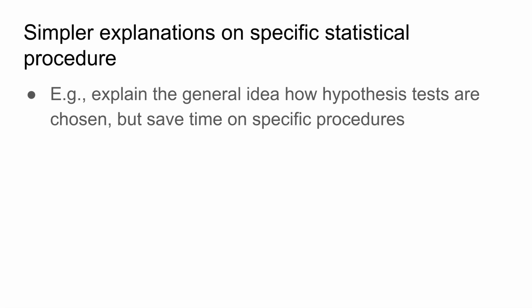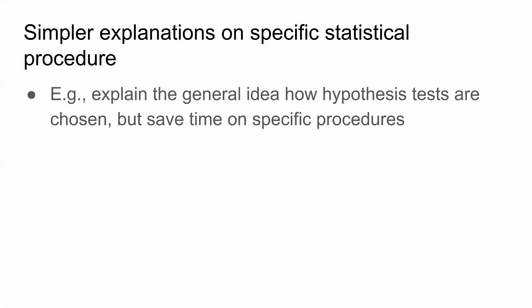Now here with Cogstat, you don't have to do that. You just have to explain the general idea. Depending on the number of groups, whatever, you are choosing different hypothesis tests, and you don't have to know them by heart, because the general idea in all hypothesis tests is that at the end of the day you will have a p-value, and you don't really have to understand what's going on in terms of formulas or something like that.